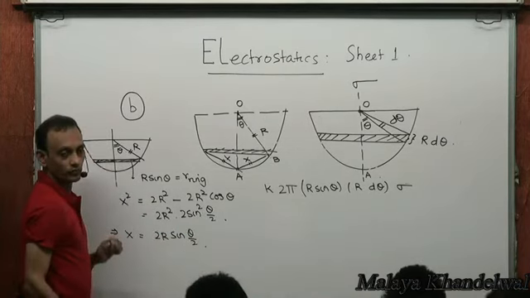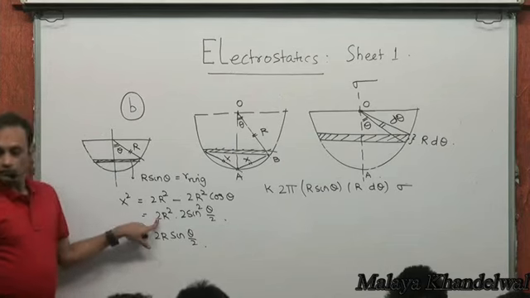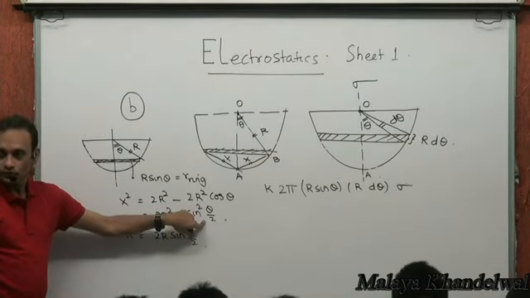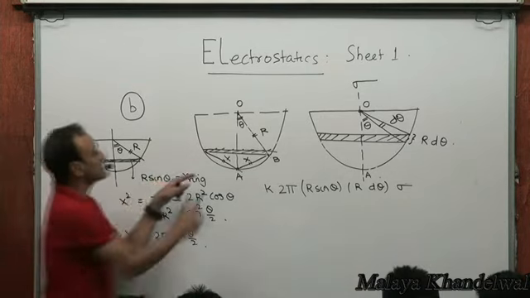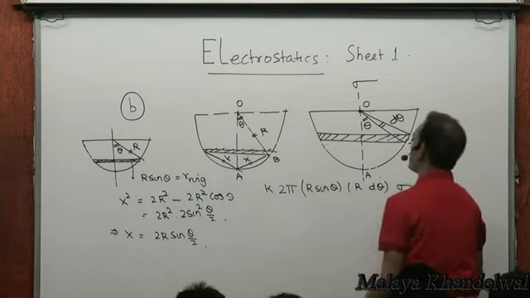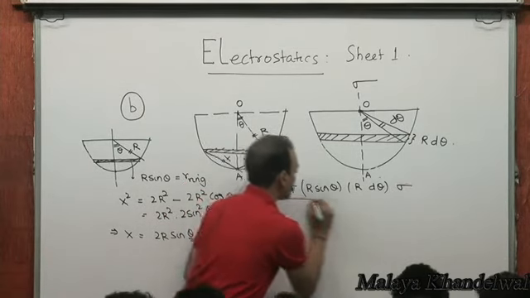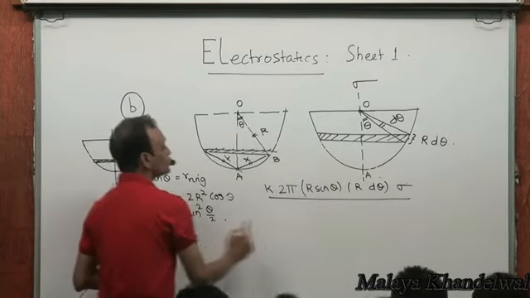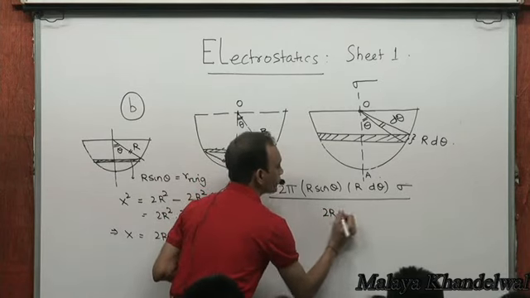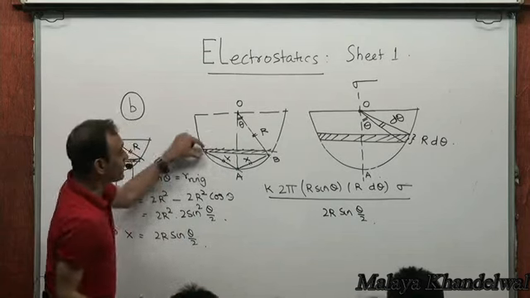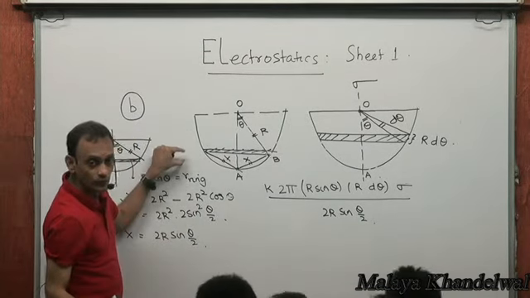Yes or no? 1 minus cos theta is 2 sine square theta by 2, right? So x, the slant height of this cone, turns out to be 2r sine theta by 2. So k times the charge on this ring divided by 2r sine theta by 2 will give me the potential at A because of this chosen ring, right?